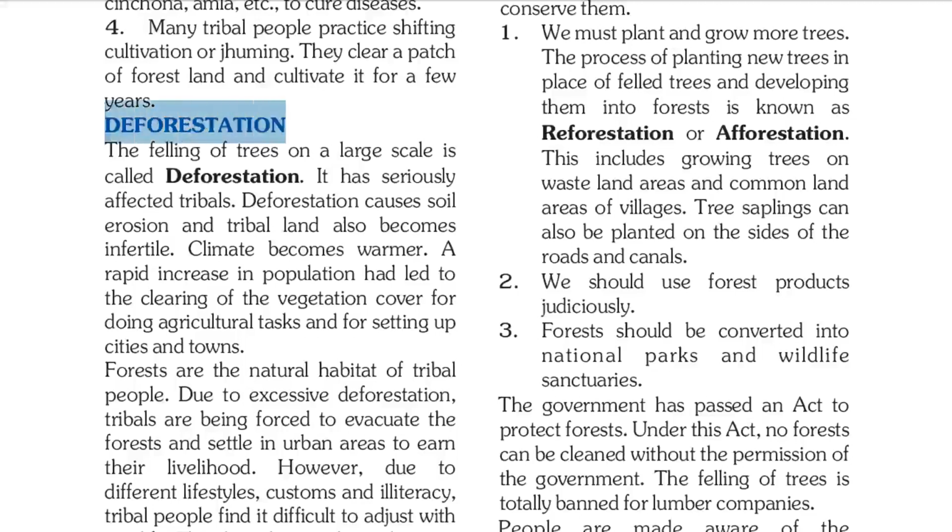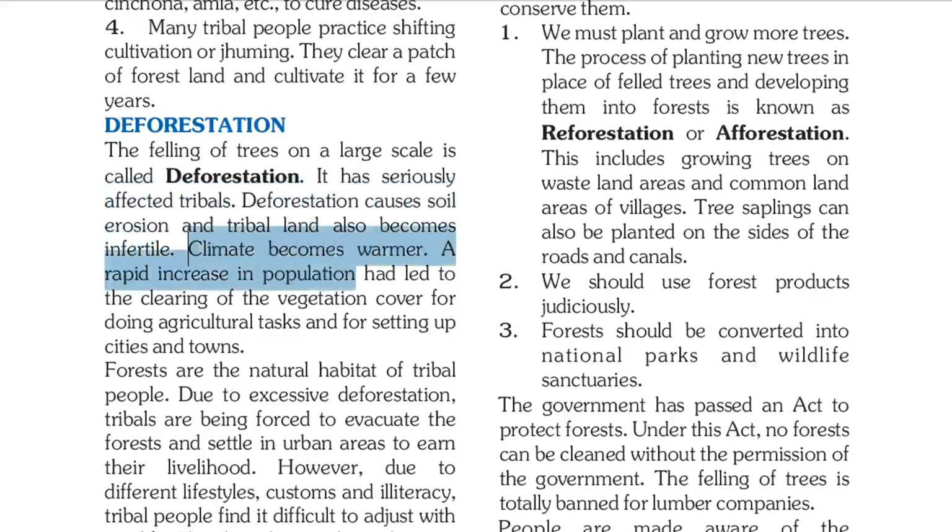Deforestation. The felling of trees on a larger scale is called deforestation. It has seriously affected tribals. Deforestation causes soil erosion and tribal land also becomes infertile.